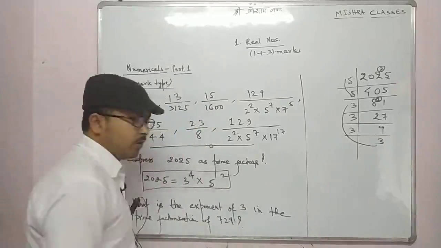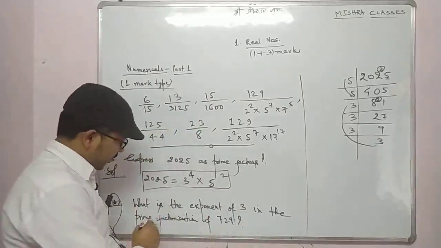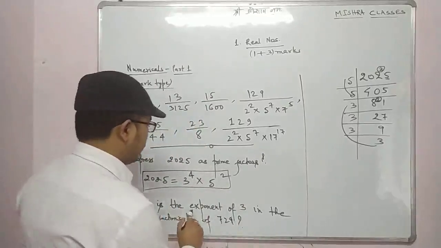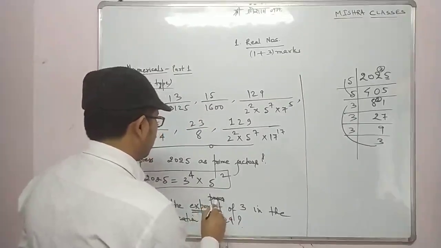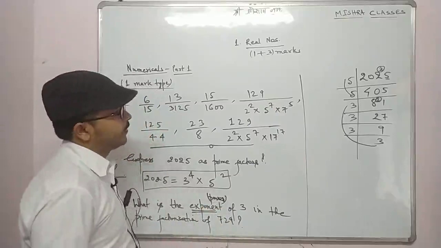This question. What is the exponent of 3 in the prime factorization of 729? Now, when I say exponent, it means power. Alright? What is the power of that?